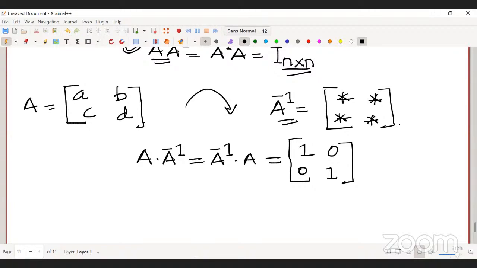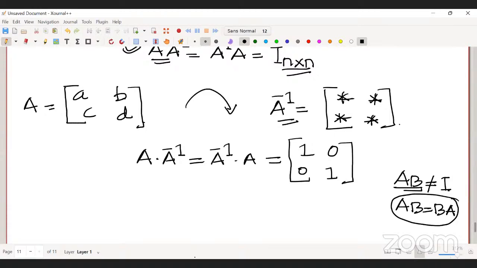Okay. Suppose we have AB is something which is not an identity matrix, and AB is equal to BA. Then it's not possible, I think. AB should not be equal to BA in this case. No, that is possible.